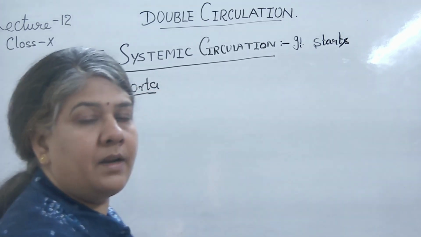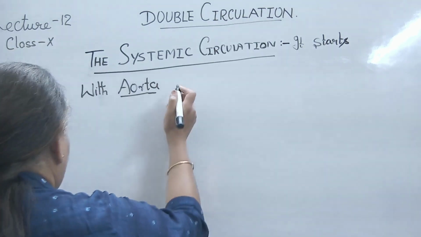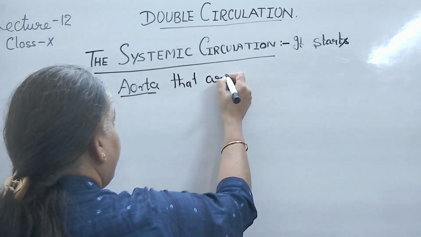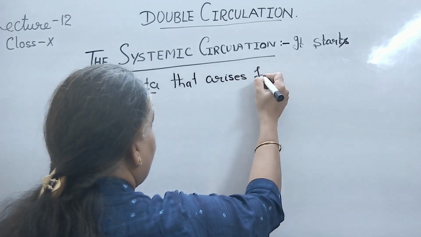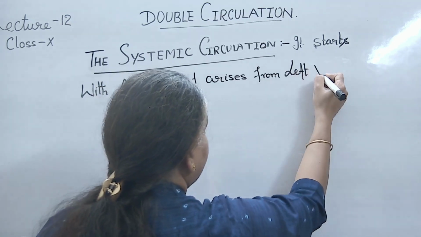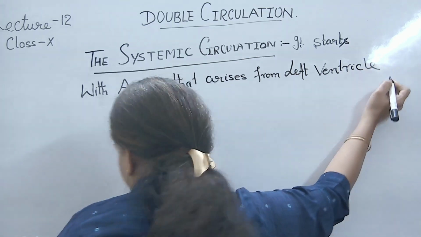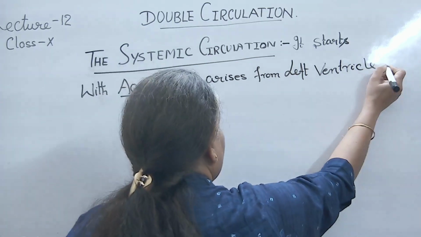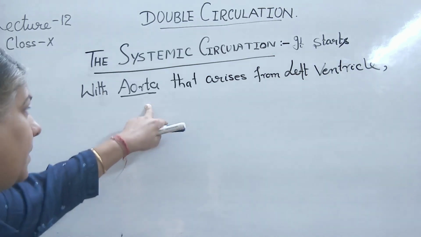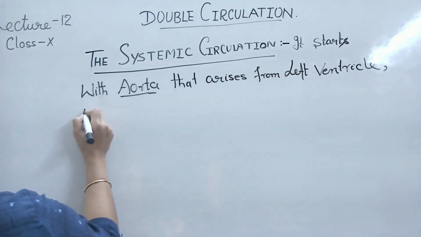Aorta is the largest artery that arises from the left ventricle. So it will be carrying oxygenated blood. It sends blood to various parts of the body.